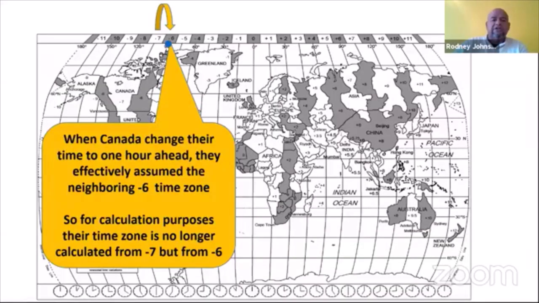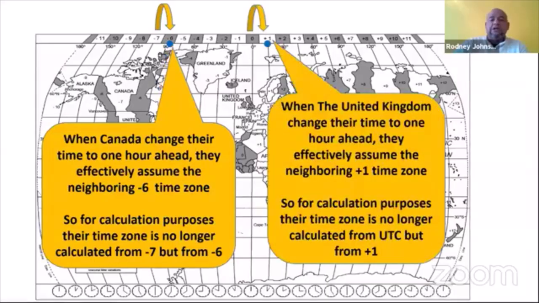Let's look at another example. Let's look at the UK, the United Kingdom. They are normally situated right on the Greenwich time meridian, right? And normally this is also referred to as London time. So when the United Kingdom practices daylight savings time, or they change their time to 1 hour ahead, then they effectively assume the neighboring +1 time zone.